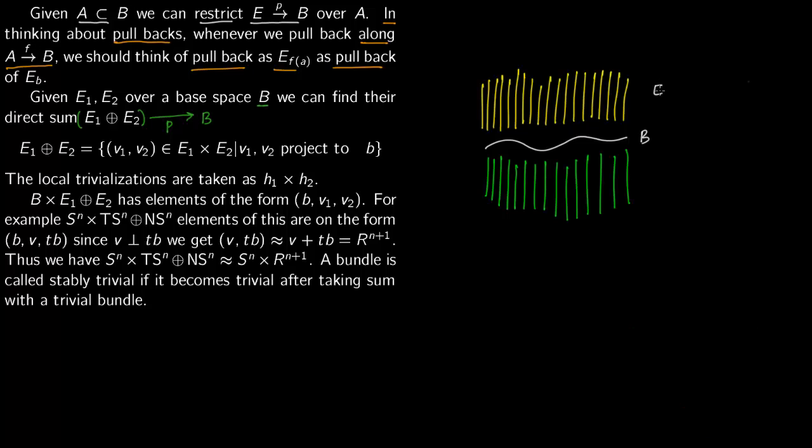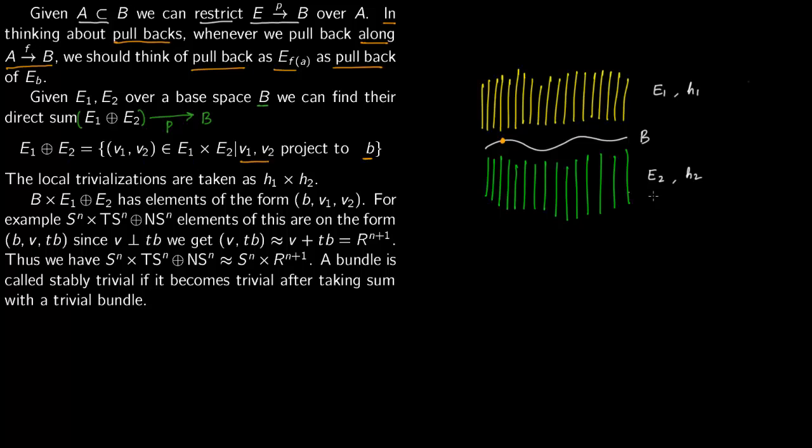So this is bundle E1, this is bundle E2. They are on the same base space B, and the transition functions here are H1, the transition functions here are H2. So what you're doing is obviously on the same base point you have now two vector bundles, one in yellow and one in green, and they both project vector by vector on the same base point. So they both project to the base B.